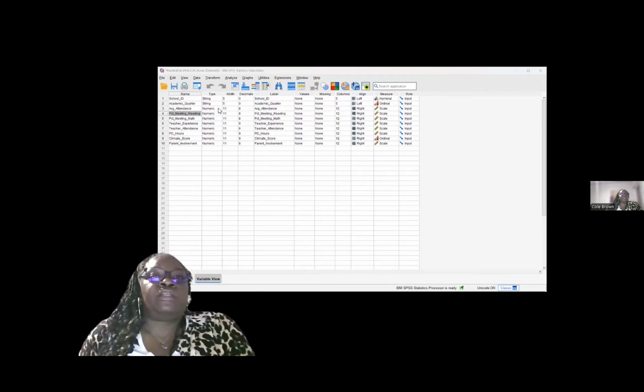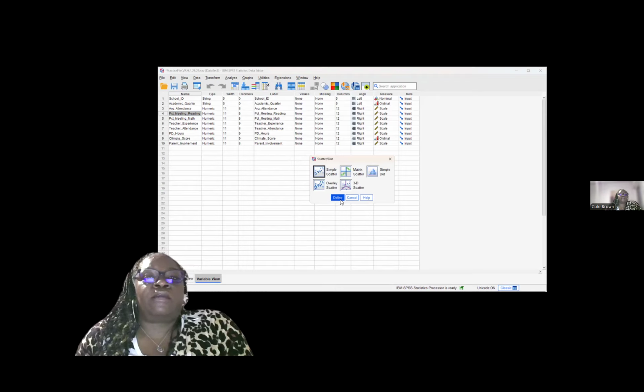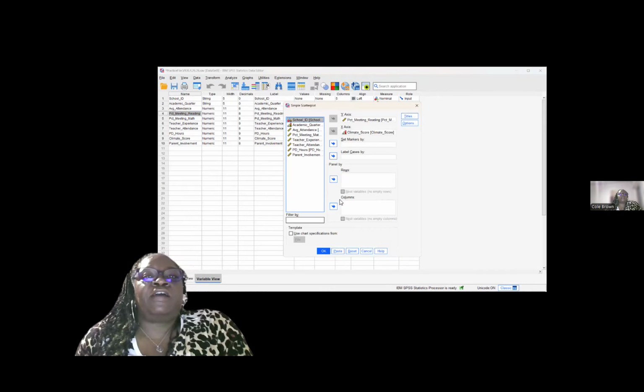We're gonna navigate to our graphs. Graphs, I'm gonna go down to the scatter dots. I'm gonna do a simple scatter, define, and I've already been working with this. So I had percentage of students meeting reading on the x-axis, and then also take climate out.